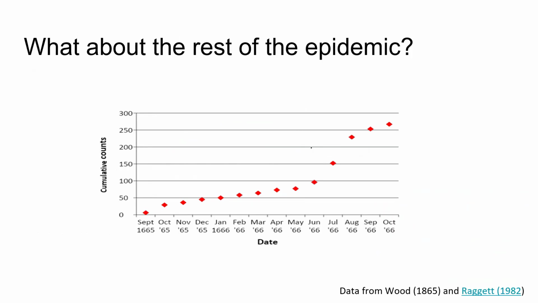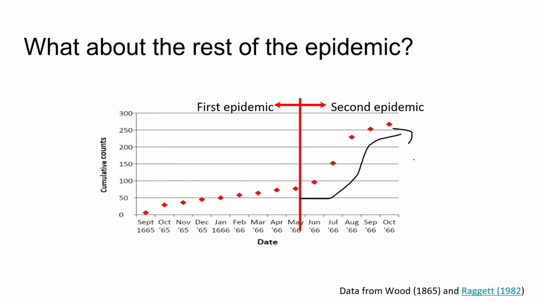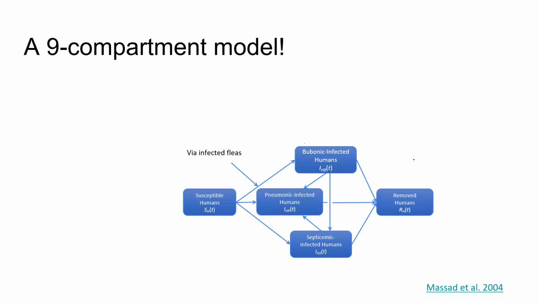So again, this mapped from May to October, but then we saw this other big swath of infections and cumulative numbers of deaths. So how could we have predicted this, or how well does this fit into the system from the second epidemic?